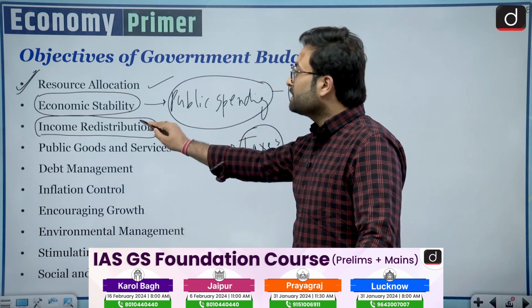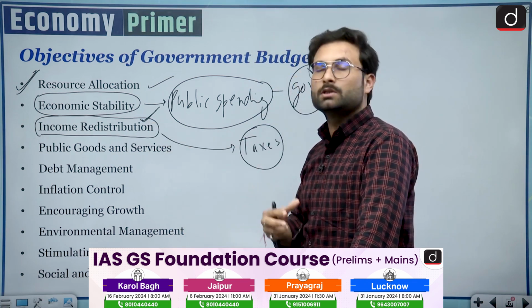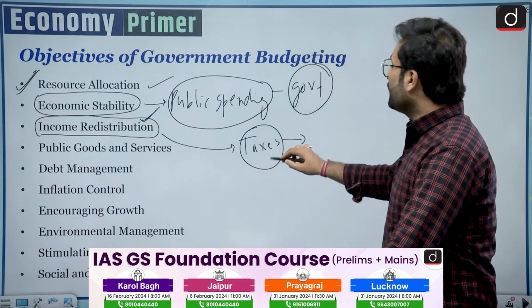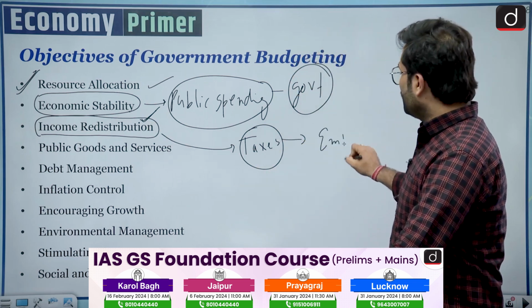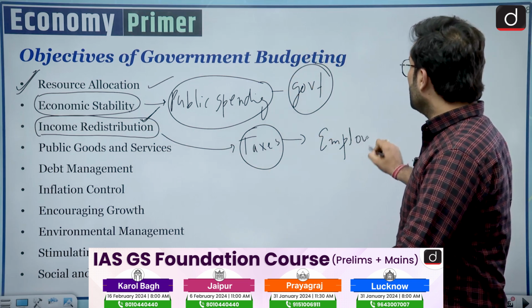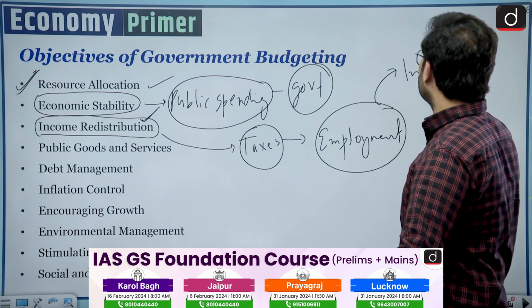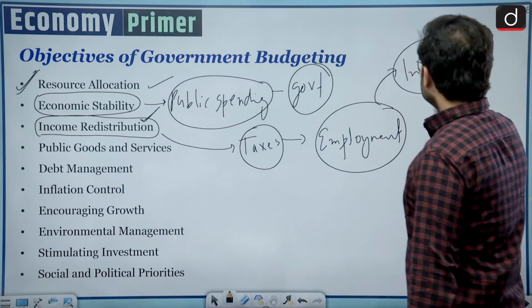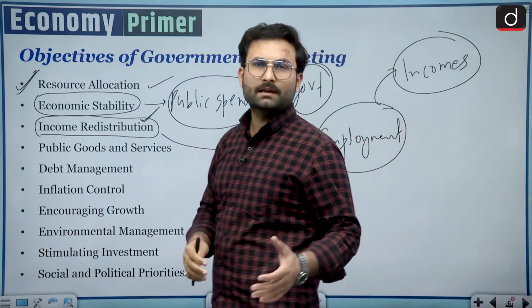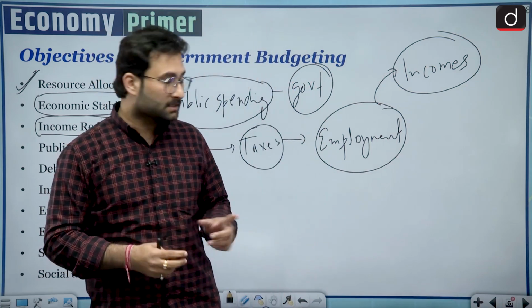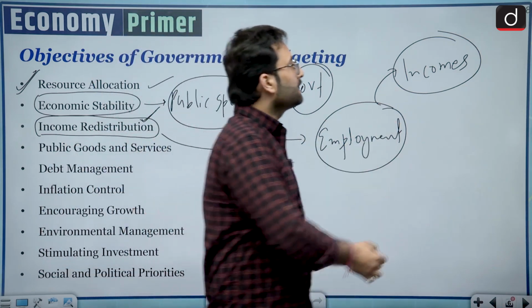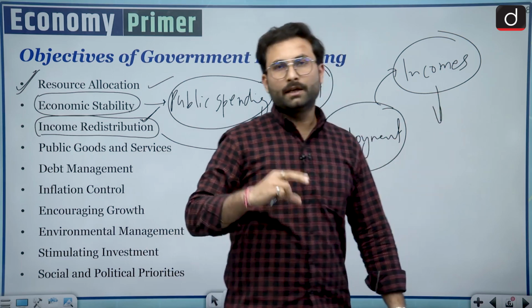So there is an income redistribution, because when taxes are there and the government is going to spend on employment generation, ultimately this employment generated will create income for the other sections of society, let's say middle class, lower middle class. So that is why incomes are ultimately redistributed.